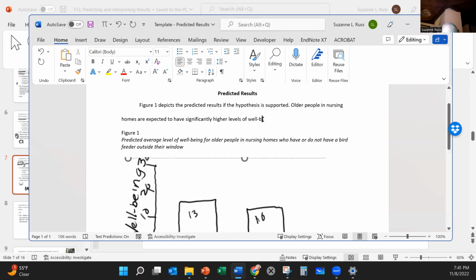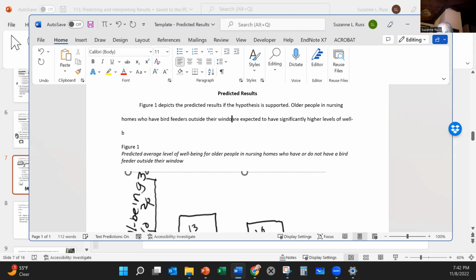And now I don't like something about this. I want to clarify that older people in nursing homes who have bird feeders outside their windows are expected to have significantly higher levels of well-being than older people who have no bird feeders.